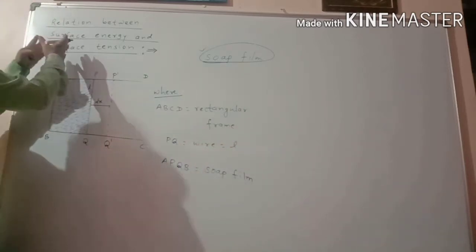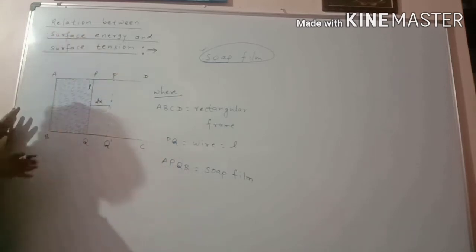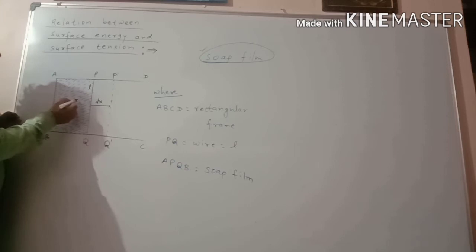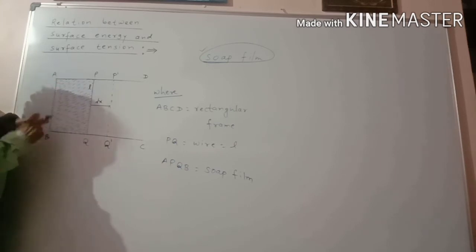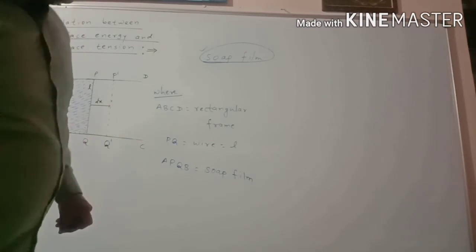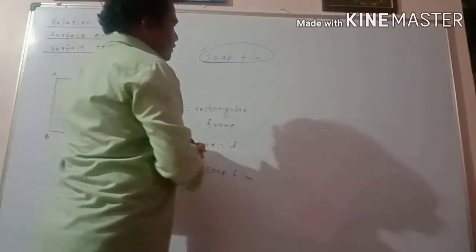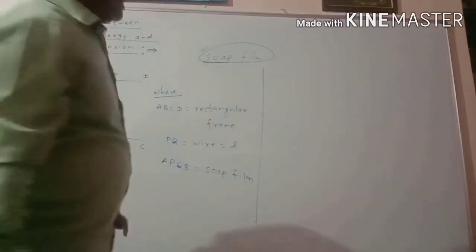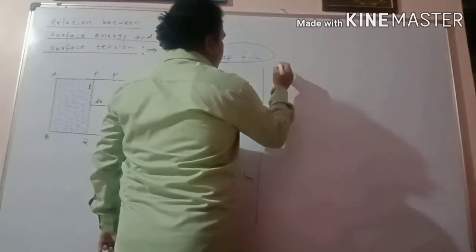Now let us discuss the relation between surface energy and surface tension. This soap film is made up of soap solution, so definitely there is a surface tension. We know the formula for surface tension.